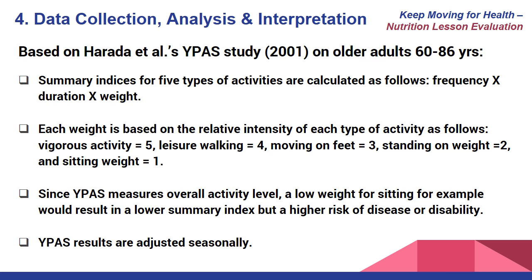Also, the Y-PASS is measuring overall activity levels. So a low weight for sitting can result in a lower summary index, but a higher risk of disease or disability. So basically that's saying that if you sit for long periods of time, you're at higher risk for either disease or disability, which were outcomes from the research in terms of having a sedentary lifestyle with a lack of physical activity.